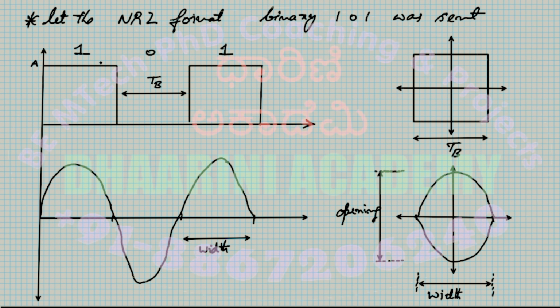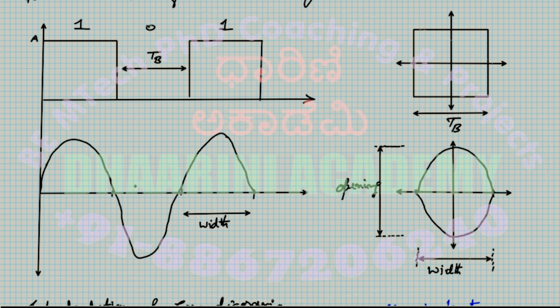If you use a square wave like this, I'll be seeing this on the right hand side. Whatever you see here on the right hand side will be our eye diagram. But we cannot call it an eye because there is no eye over here. Normally you use a sine wave or a cos wave, or in general any sinusoid.